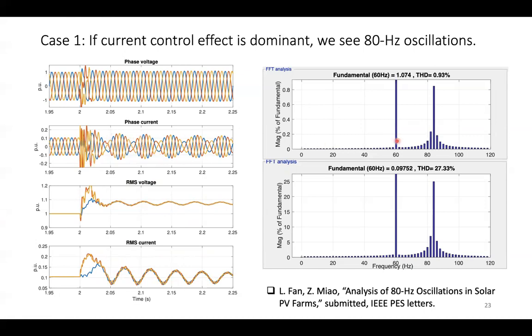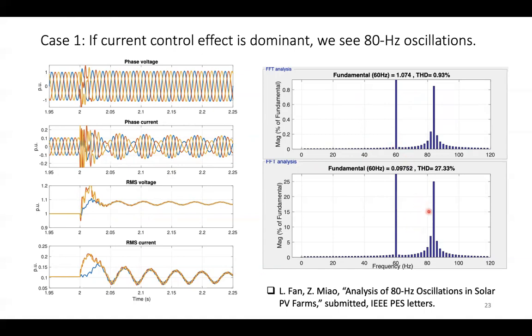Looking at the FFT of both voltage and current, you can see the THD, total harmonic distortion, is much larger for the current compared to the voltage. For the voltage it is almost, it's very similar. I think we captured maybe 2.1 to 2.2, several cycles, to get this.